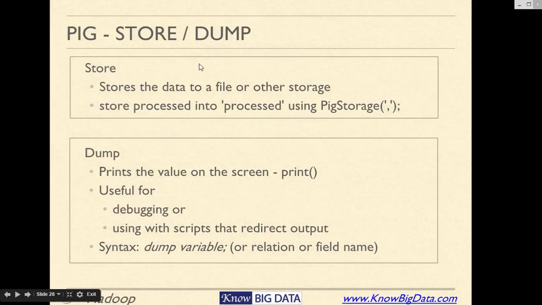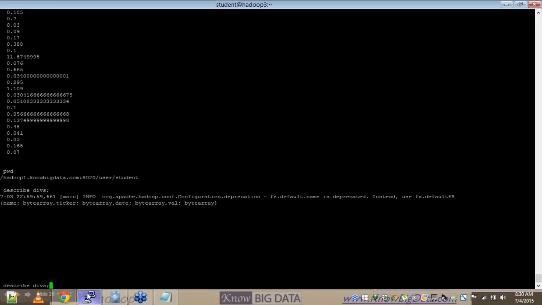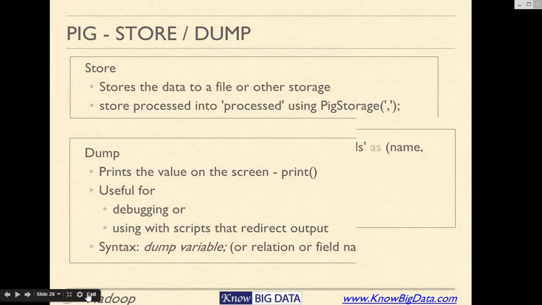Okay, let's look at the Pig store and the dump command. The store command will store the data to a file or to other storage. Here we said store averaged into some file location.